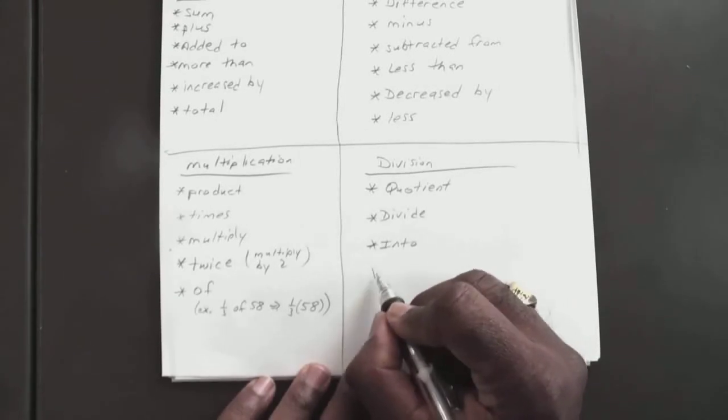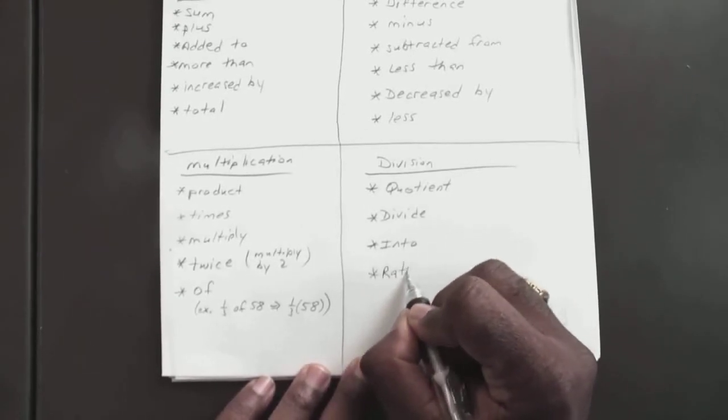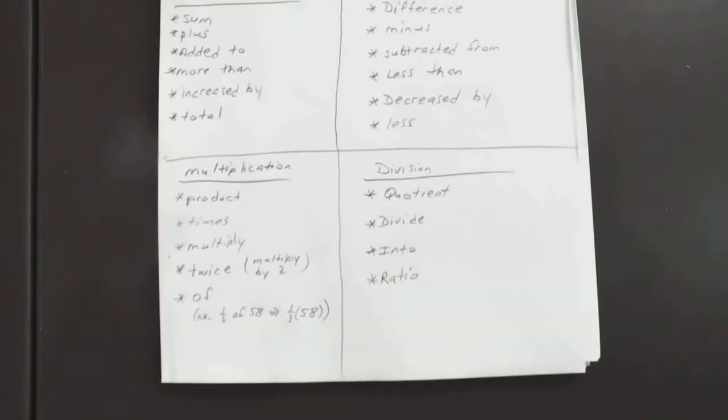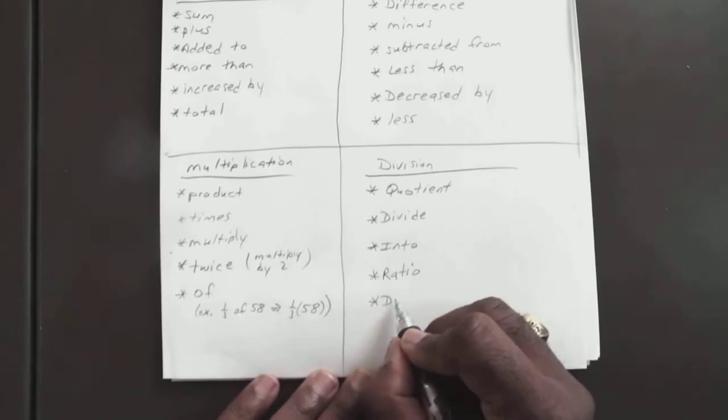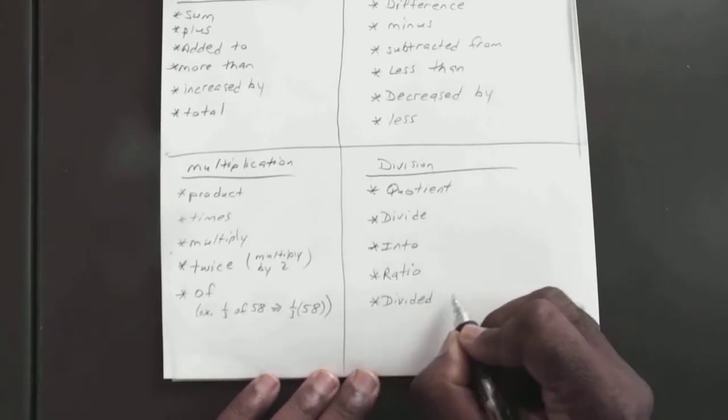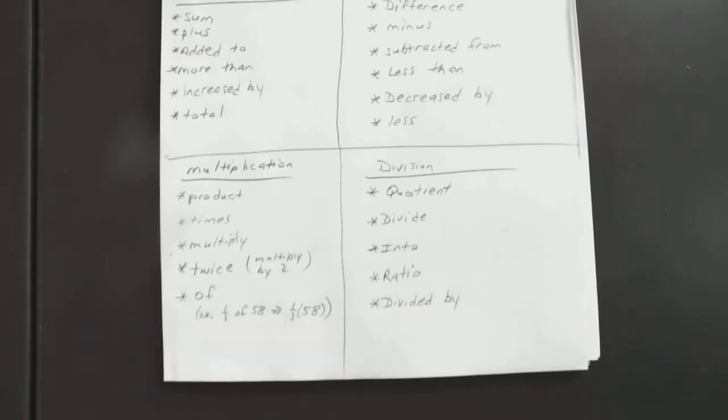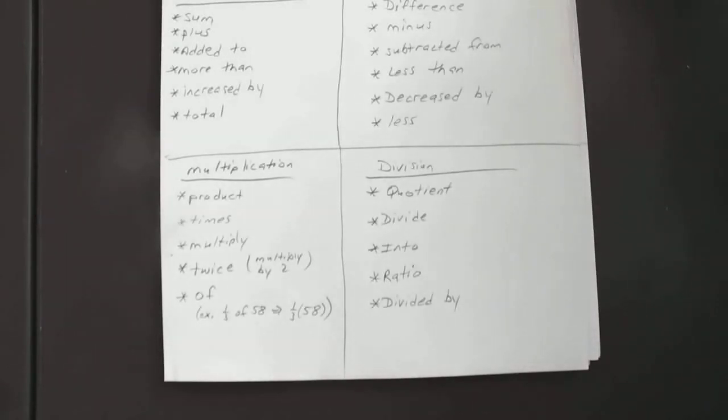You might see ratio. Or instead of divide, you may just see divided by. They may just be really upfront with it. All right, leave that up there for a few more seconds.